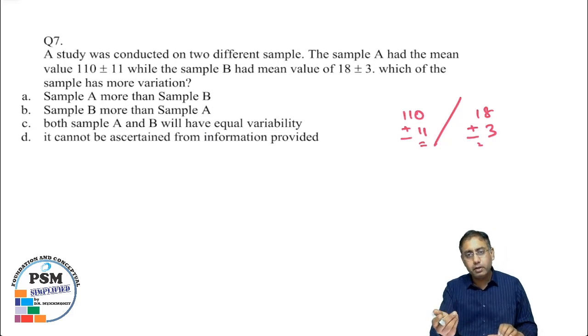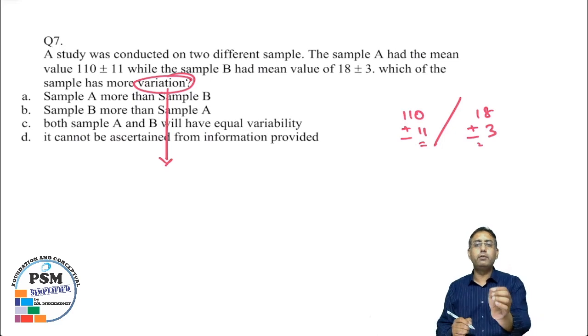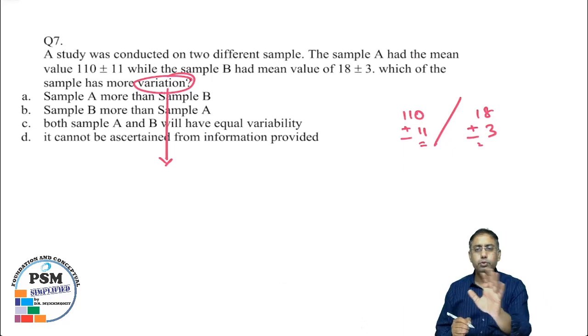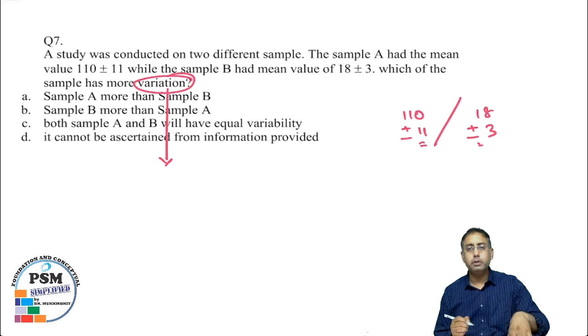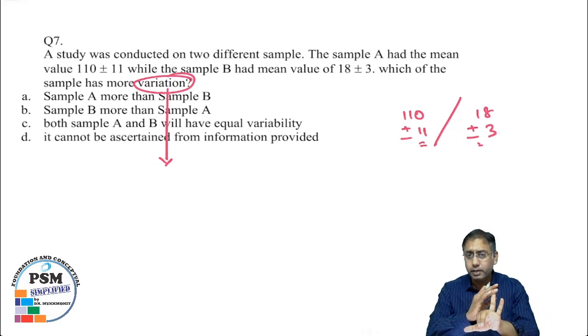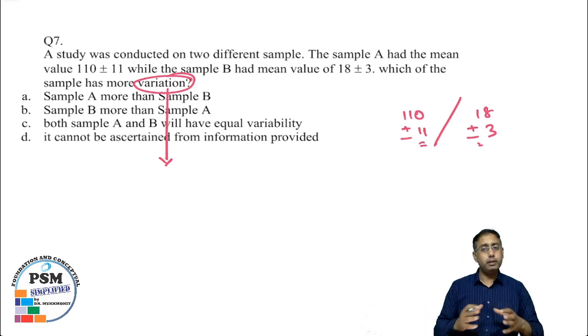This was a very simple question. You all have done it during your classes, that whenever we talk of variation, we either calculate the coefficient of variation or the standard errors. You do not need to calculate the standard errors, because we calculate standard errors whenever there are p-values or confidence intervals, whenever we want to compare the data.